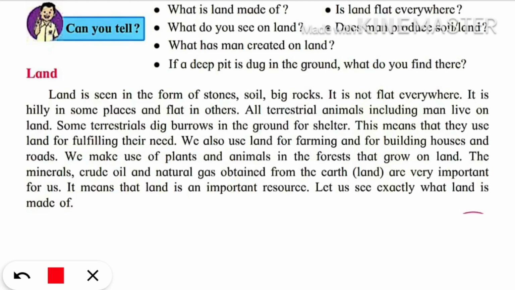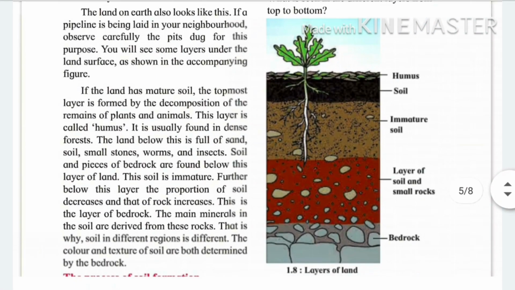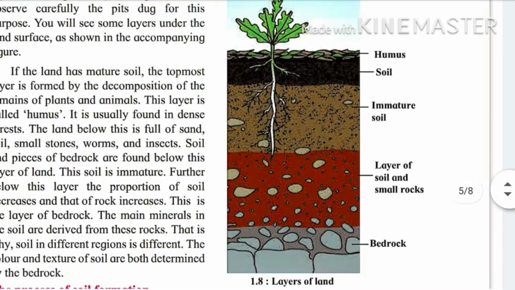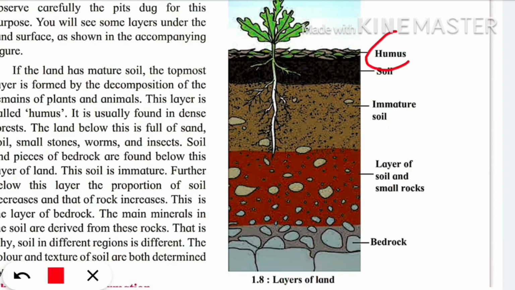Let us see exactly what the land is made up of. Means we'll see the layers of earth. So come on. Here we can see the diagram. In this, clearly we can see the layers of the land. First is humus.